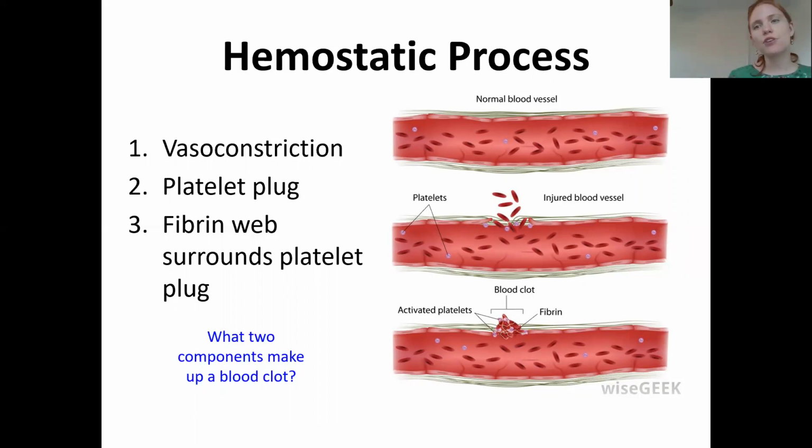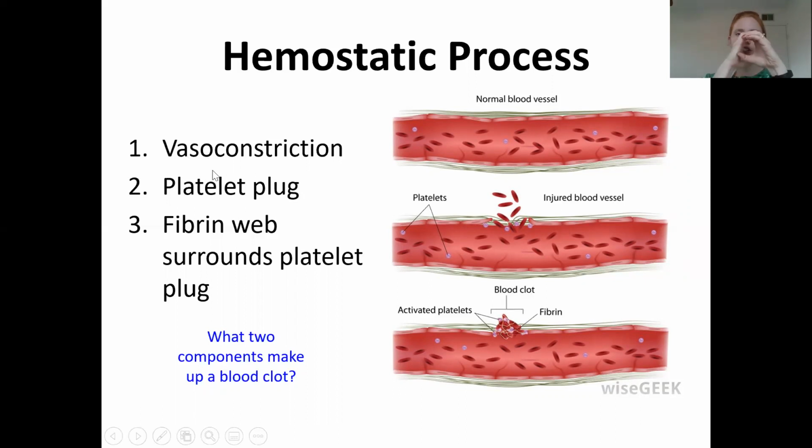Now there's three phases to hemostasis, to blood clotting. The first is going to be vasoconstriction, which just means the smooth muscle in the wall constricts to make the blood vessel small. The purpose of that is to reduce the amount of blood flowing to that damaged region, so you can reduce the amount of blood loss.